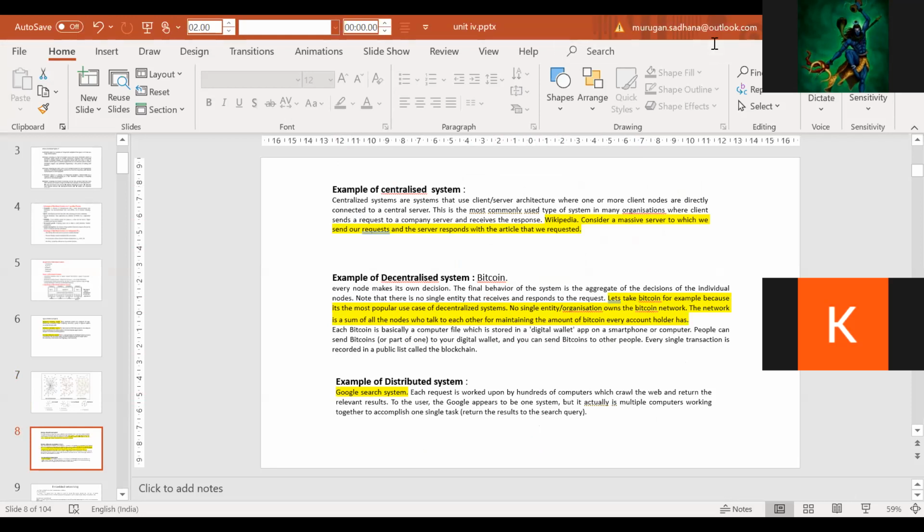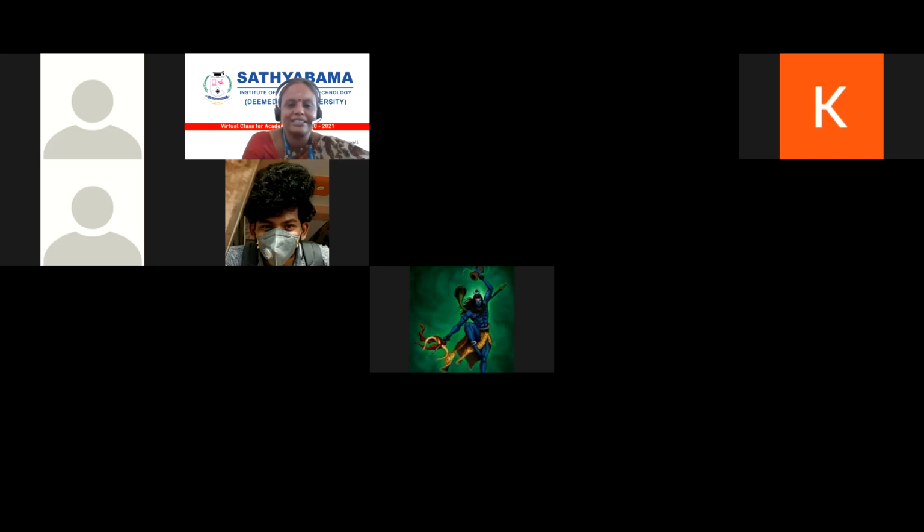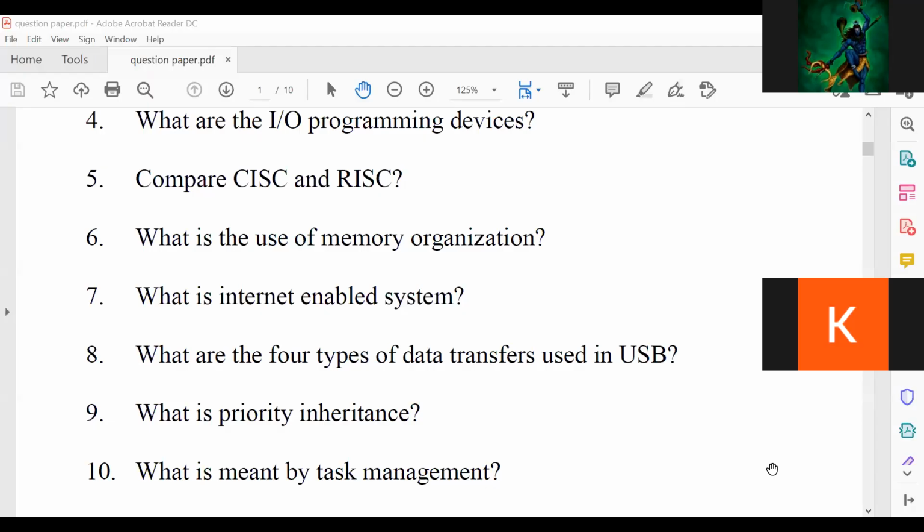So the question: internet enabled system means it is working on the internet protocol, IP protocol, and it may work under the three systems: centralized, decentralized and distributed system.